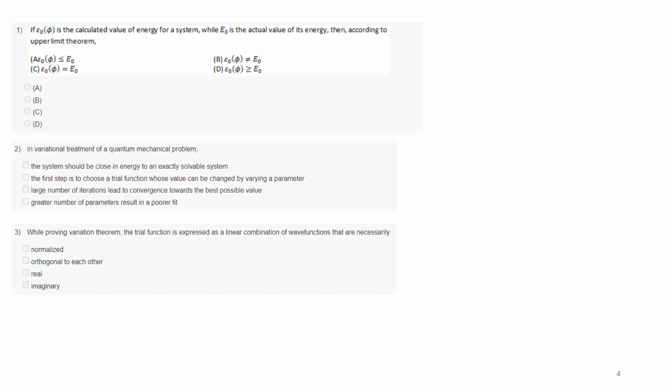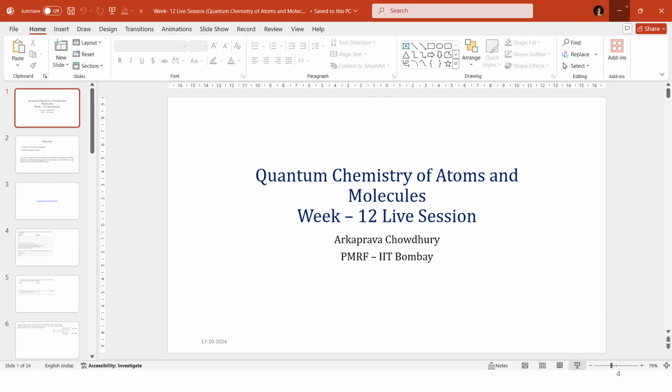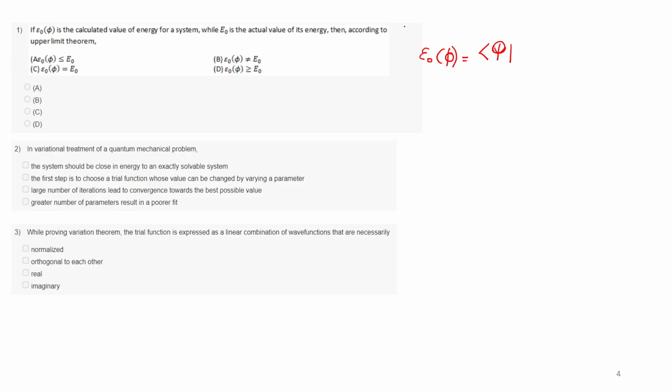So the first question states that this epsilon, which is known as a functional, is given by, so if psi is your trial wave function, or let us go with phi as they are discussing, if phi is the trial wave function, then the Hamiltonian will operate on it.